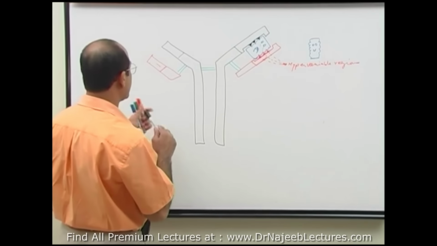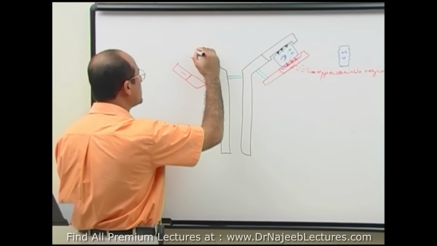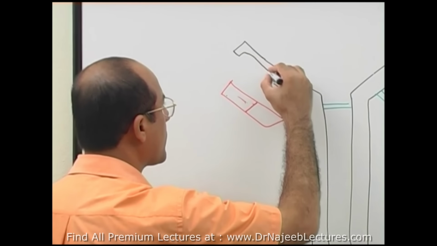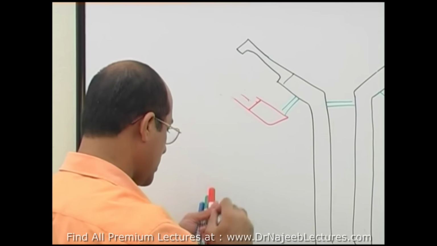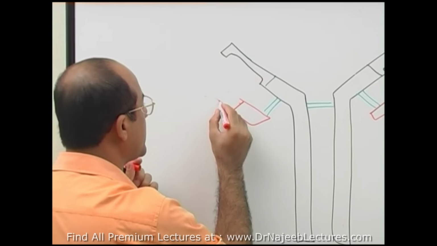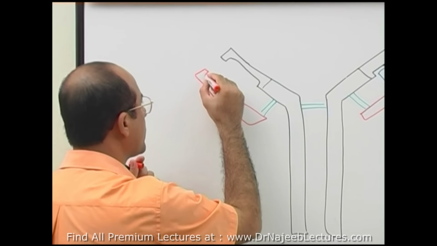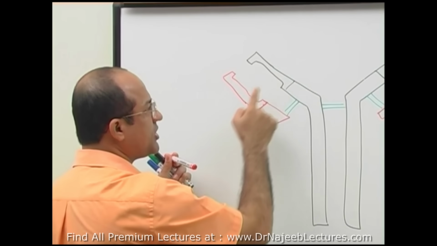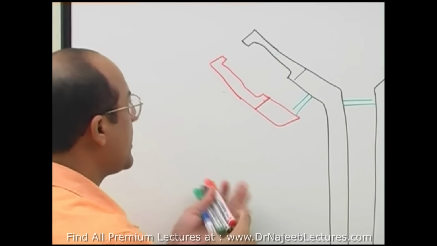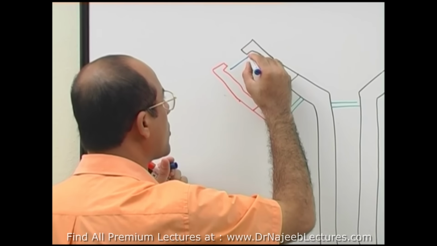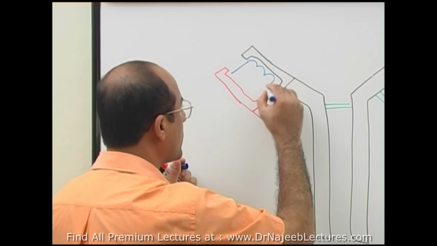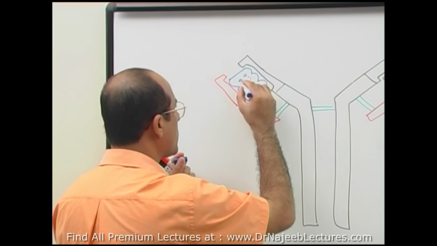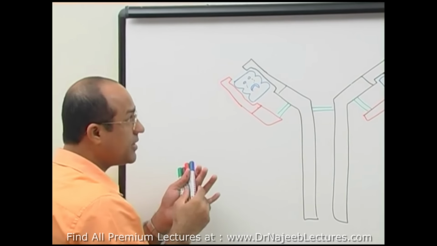Now I will draw the same thing here and you will tell me what's going on here. Yes, now you will tell me that this is variable of the heavy chain and this is variable of the light chain, and antigen is caught over here, right.